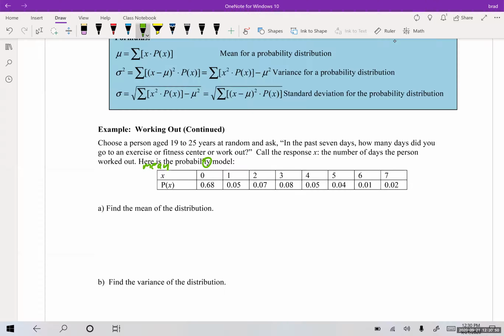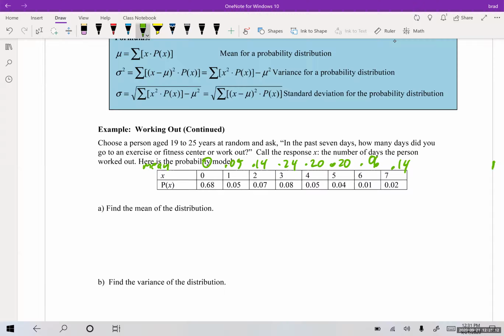I have to do 1 times 0.05, which is 0.05. I have to do 2 times 0.07, which is 0.14. This would be 0.24. This would be 0.20. This would be 0.20. Oops. This would be 0.06. And then this one would be 0.14, I believe.